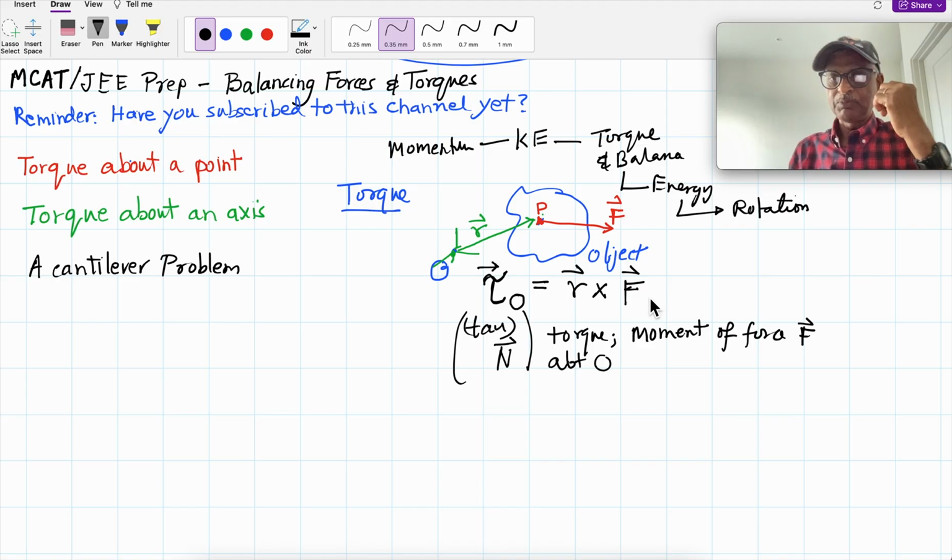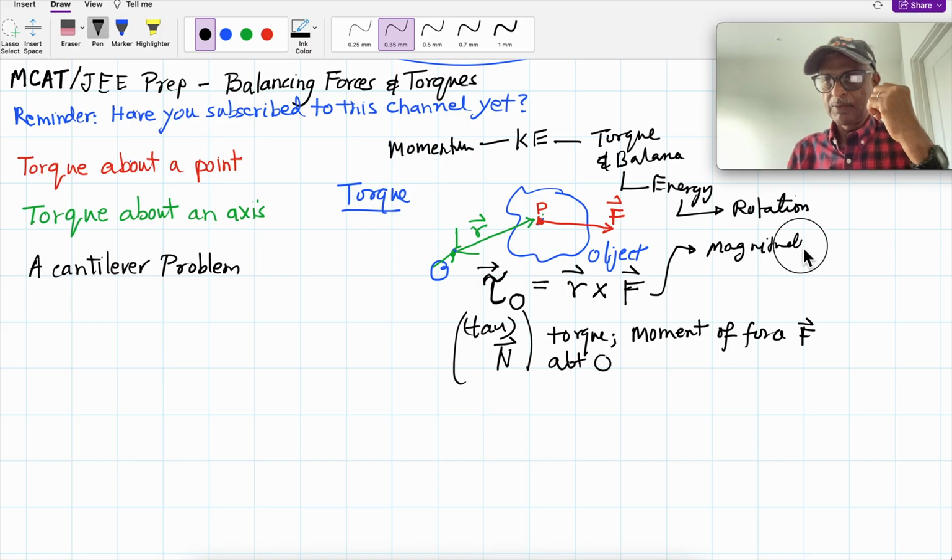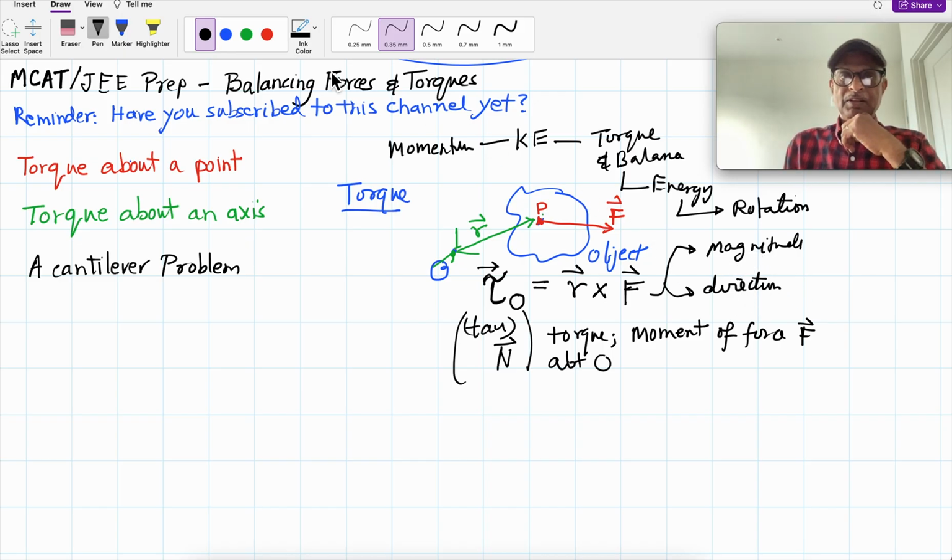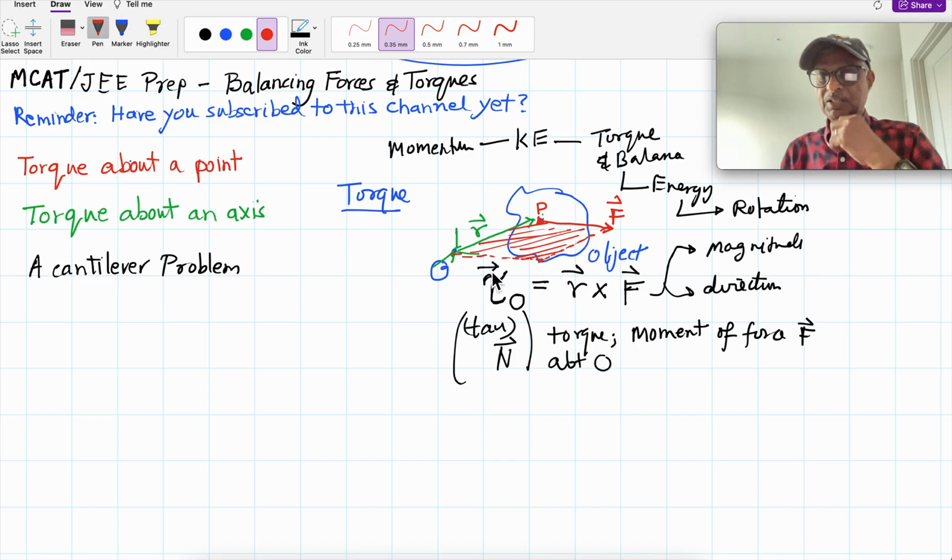This is a vector, so you have a magnitude rule and a direction rule. The magnitude will be, if you draw the plane that these two vectors make, the area of this parallelogram will be the magnitude of the torque.